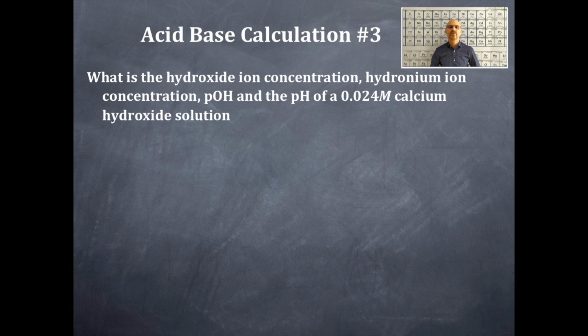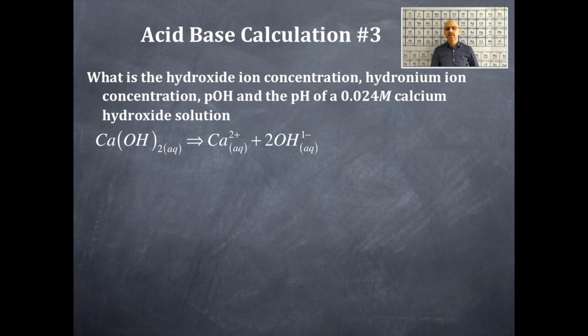Therefore, I can write the following equation. Calcium hydroxide, Ca(OH)2 aqueous, with a unidirectional arrow because it's a strong base and it dissociates, or ionizes, 100% to produce on the product side 1 calcium ion, Ca2+ aqueous, and 2 hydroxide ions, 2 OH- aqueous.